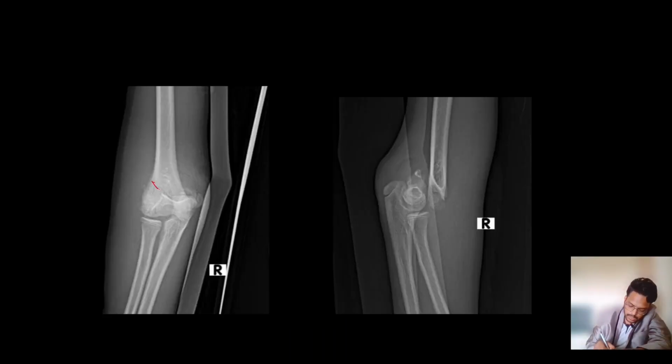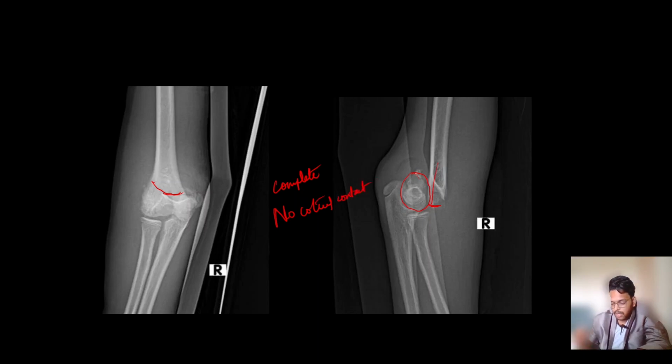In this x-ray, here is the fracture line in the AP view, and in lateral view the distal humerus fragment is completely displaced. Here is the shaft and here is the distal humerus. It is completely displaced and there is no cortical contact.